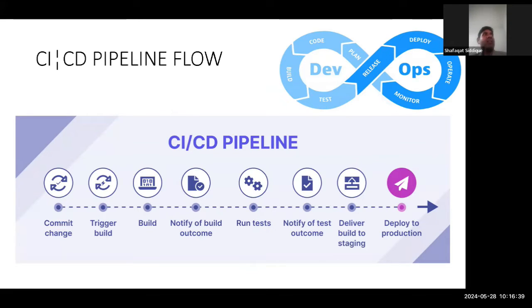CI stands for continuous integration, and CD stands for continuous deployment. Continuous integration means your code is continuously integrated, continuously built, continuously tested, and a release is created. Deployment means it is deployed, operated, and monitored properly.